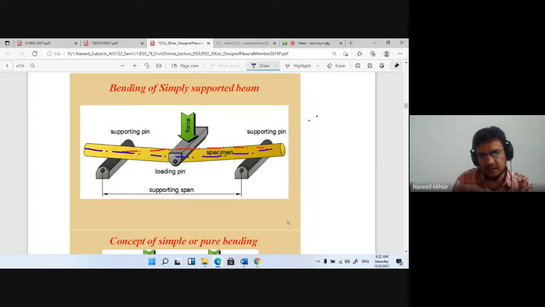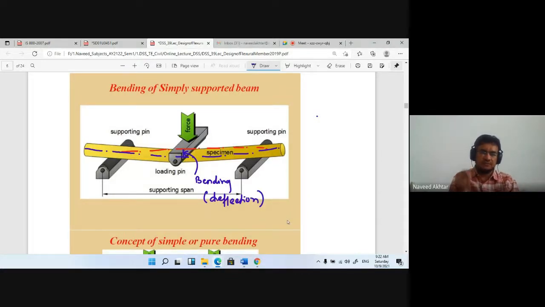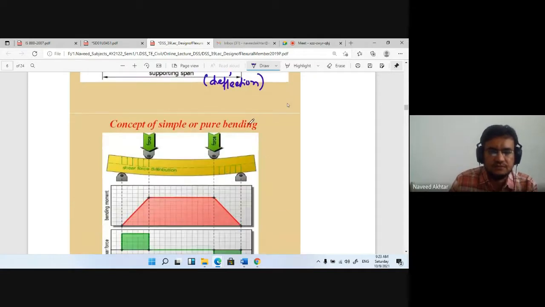This is nothing but the deflection, or the bending of the beam. That's why horizontal members in a structure are called flexural or bending members. So in the simply supported case, you will observe this type of bending behavior.